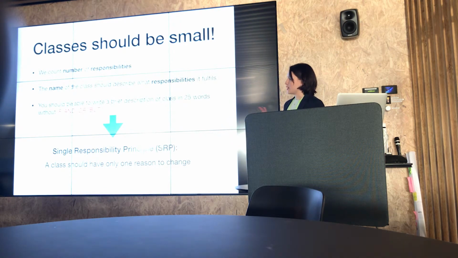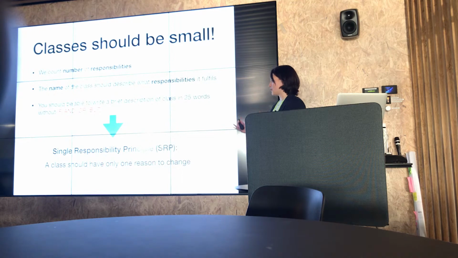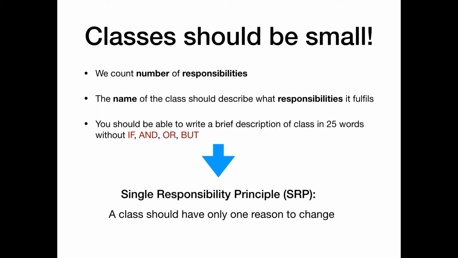And also there are some check rules: for example, you should be able to give a name to a class such that it describes the responsibilities that it fulfills. And also you should be able to write a brief description of the class in about 25 words, avoiding if, and, or, but. And if you cannot do that, then probably your class is too big and you need to split it.